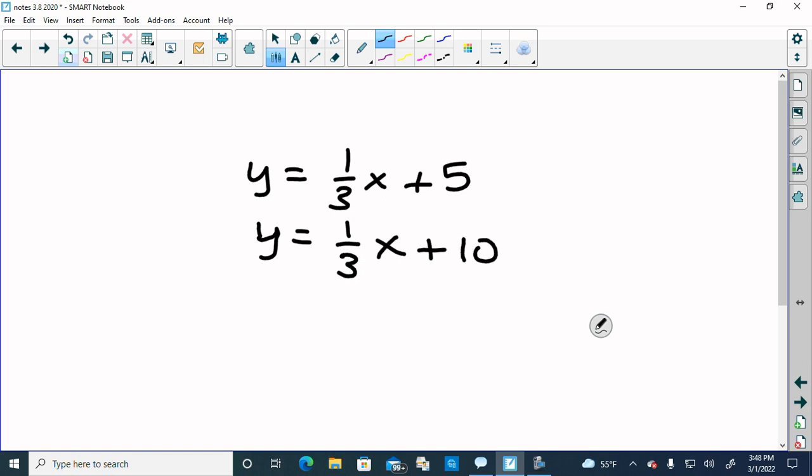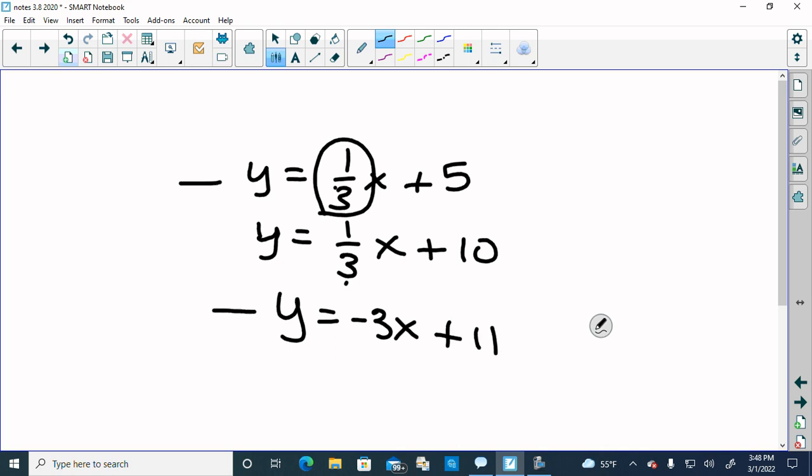This would mean that these guys are parallel to each other. But if I needed something that was perpendicular, the slopes would have to multiply to equal -1. So if I had y equals -3x plus 11, and I wanted to find out if this line and this line were perpendicular to each other, I take the two slopes.